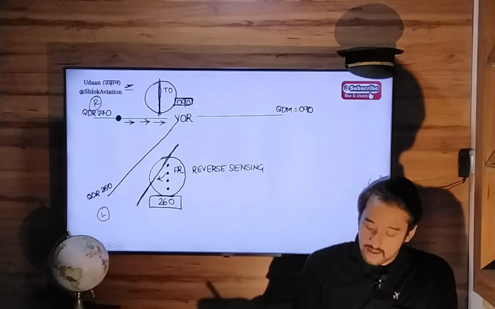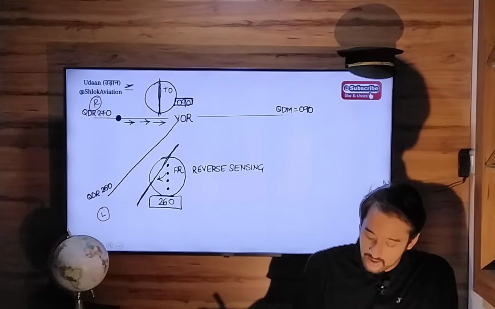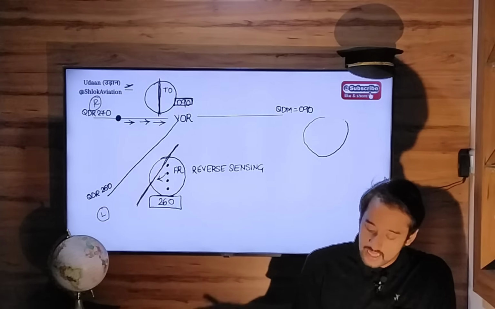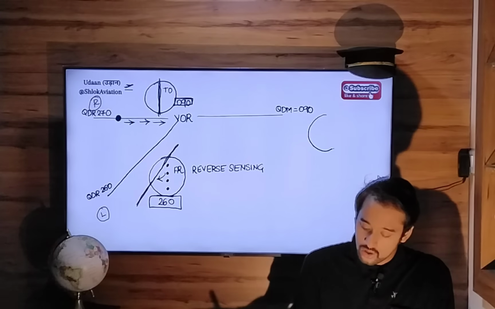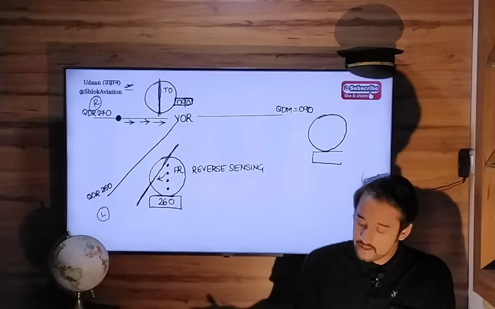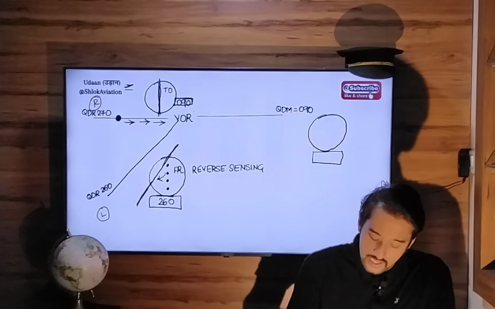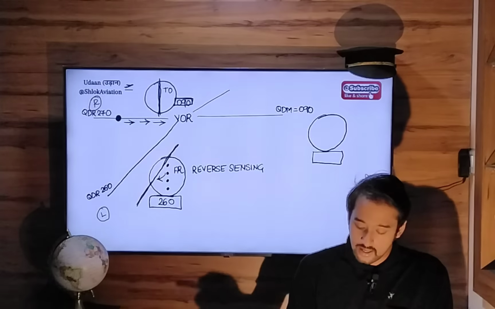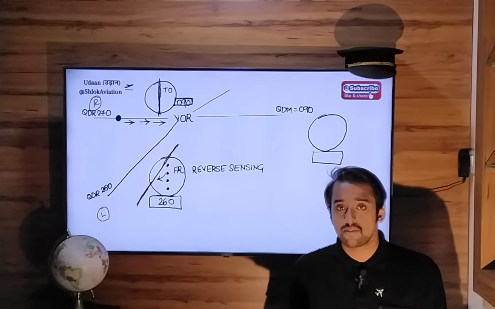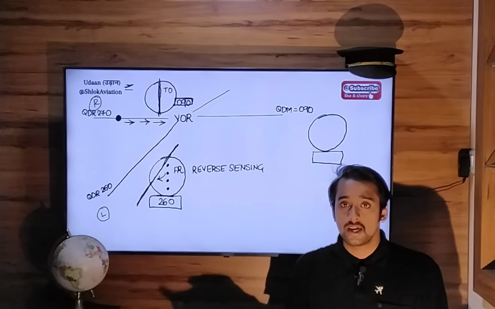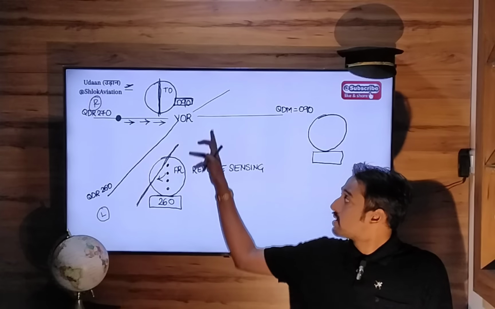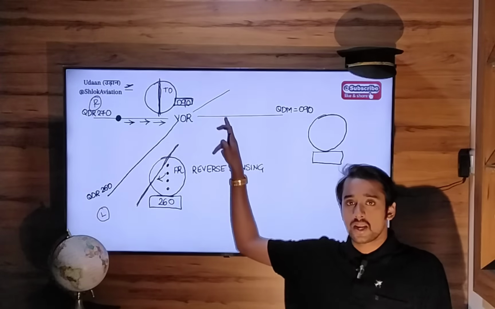Another possibility could have been, like the pilot has put 260 over here, instead of doing that, he could have put the reciprocal of 260 or any other number which is in the neighborhood of radial 090, if he wants not to cross 090 but some other radial.